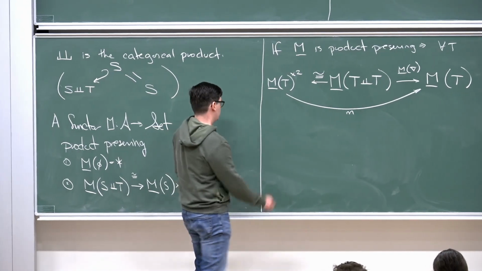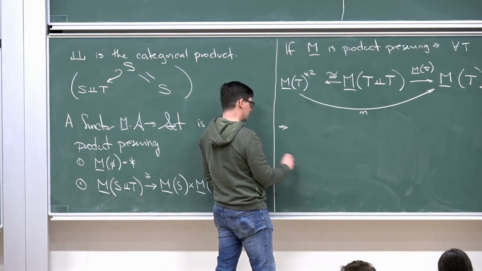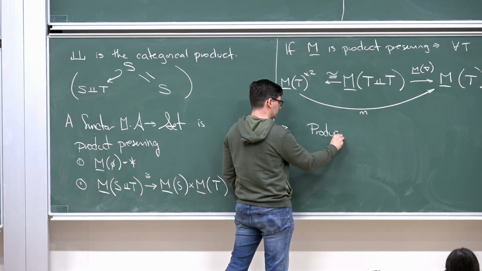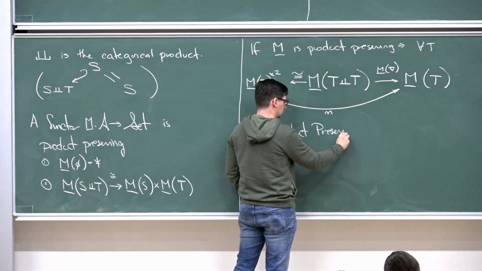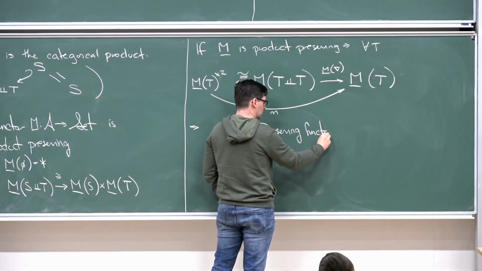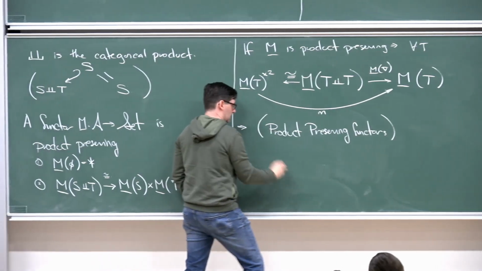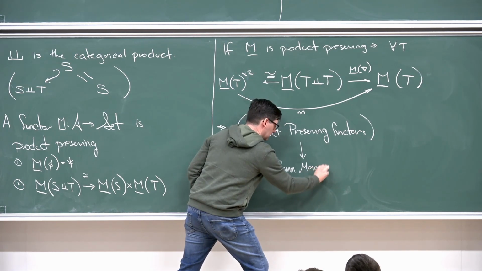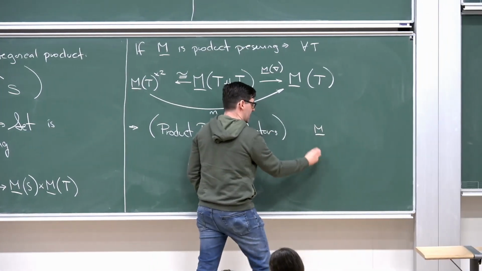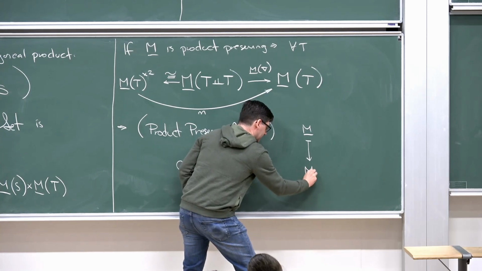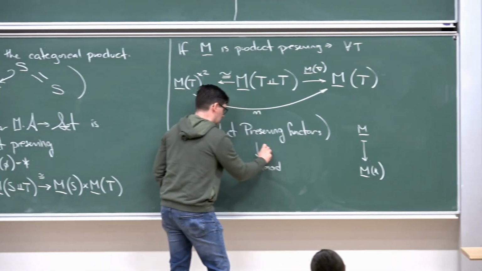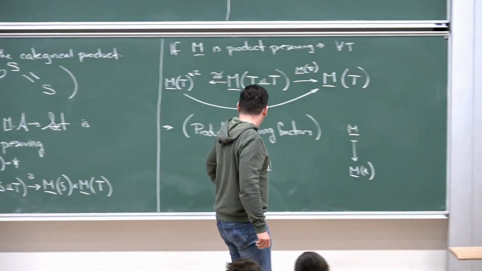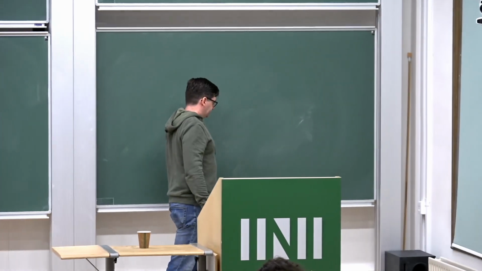And so I get that the assignment from product-preserving functors down to commutative monoids, which just took a product-preserving functor and evaluated it at the one-point set, that this is actually an equivalence of categories. So I can see, I can rebuild anything.